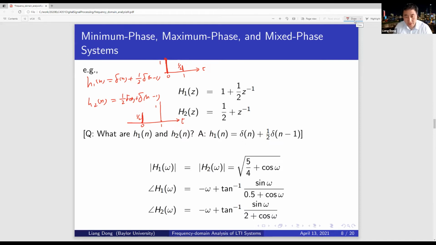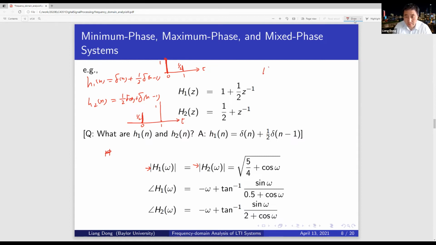Let's continue to examine H1 and H2. What is the amplitude of the frequency domain signal like this and this? The absolute value of H1, the absolute value of H2. To calculate that, let me just work on one part.